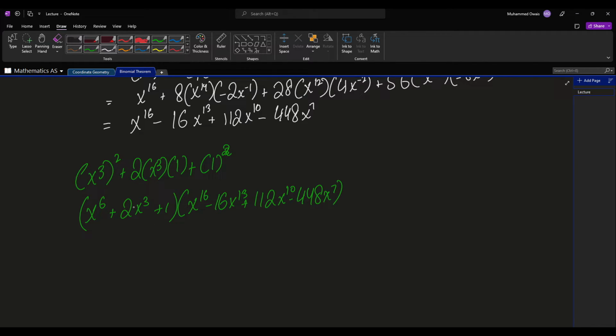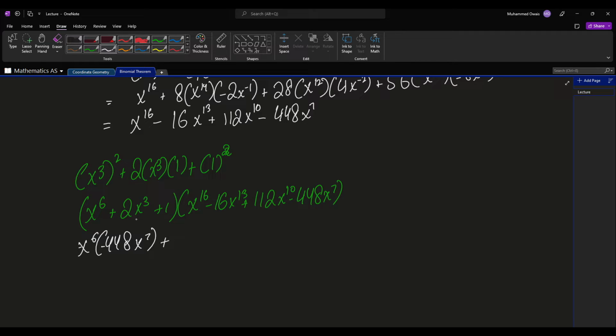It would rather give me 22. x6 multiplied by x13 once again will not give me 13. x6 multiplied by x10, will it give me 13? No, it will give me 16. However, if I multiply x6 with x7, it will give me 13. So x6 into negative 448 x7 plus.